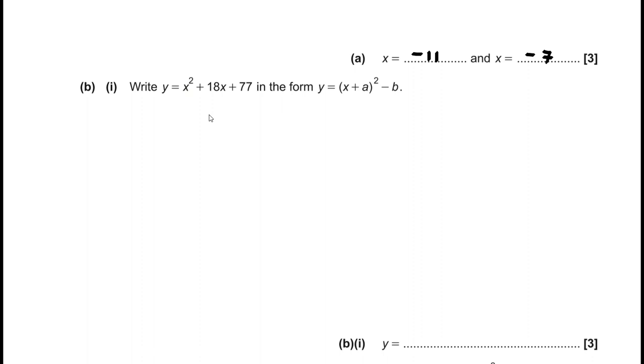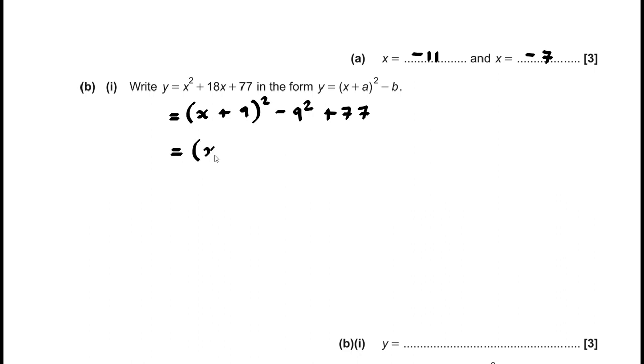Next, we have to write x squared plus 18x plus 77 in the form (x plus a) squared subtract b. This form suggests to us we need to complete the square. So the first thing I will do is put in a bracket x plus half the coefficient of x, that's 9. So I've had x plus 9 all squared, and then I need to subtract the square of 9, and then I've still got this plus 77.